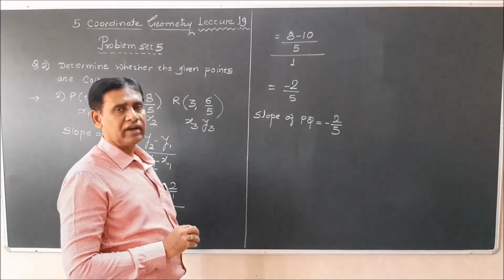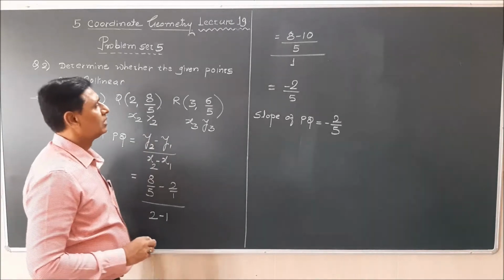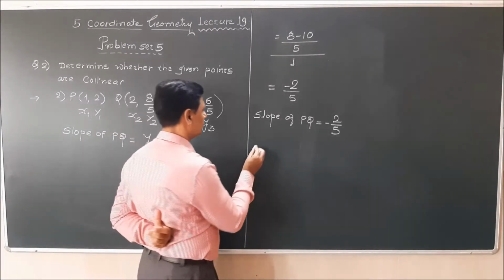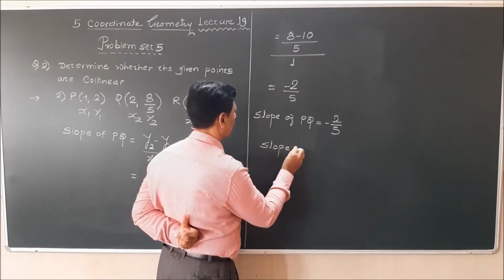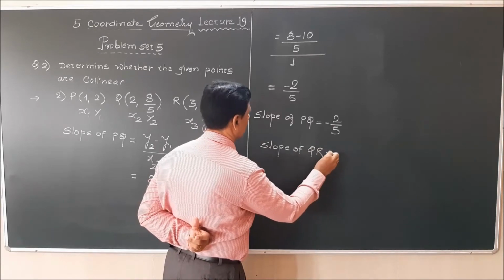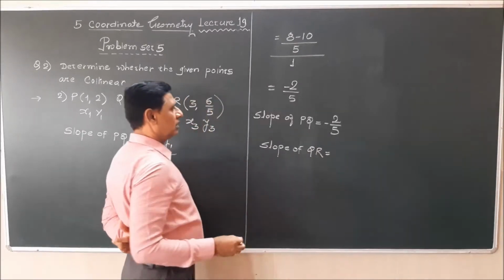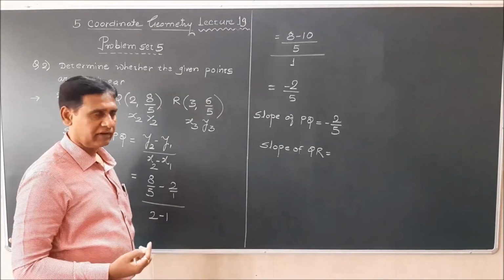Now I am going to find out slope of QR. So slope of QR is equal to, now coordinates of R, which is the second point, x3, y3.